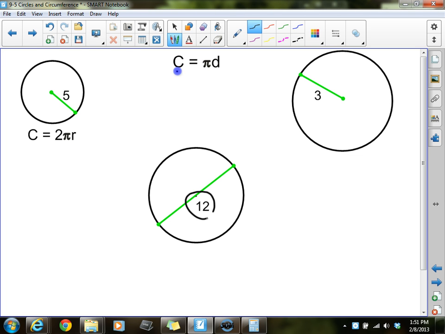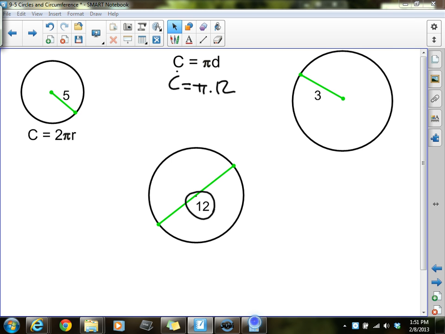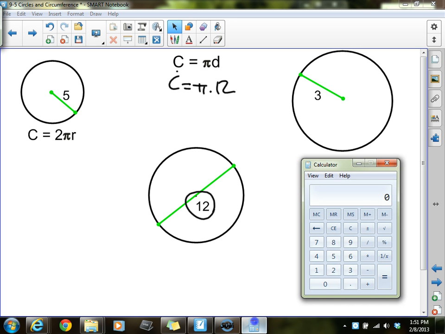My diameter is 12, so C equals pi times 12. I'm going to use 3.14, because that's the basic one. 3.14 times 12.